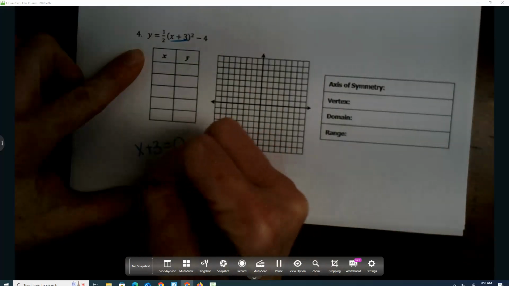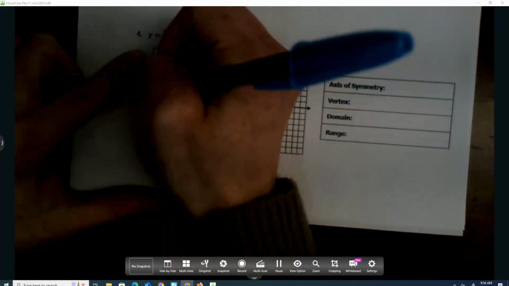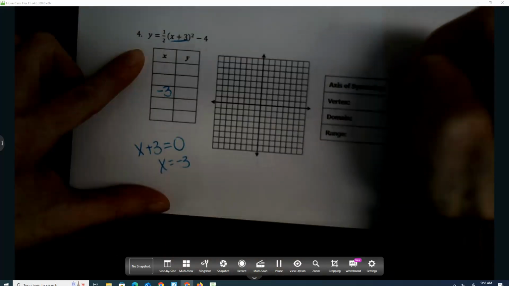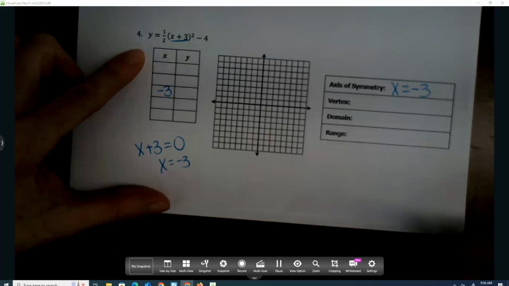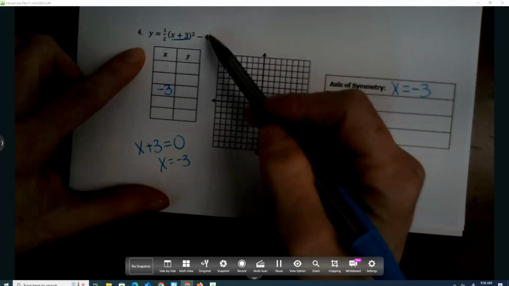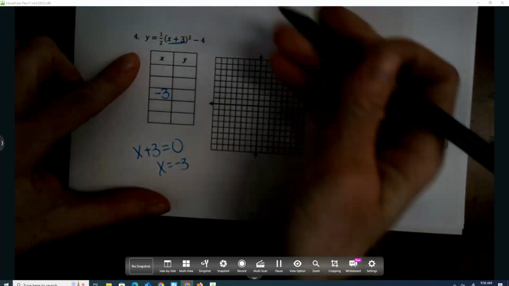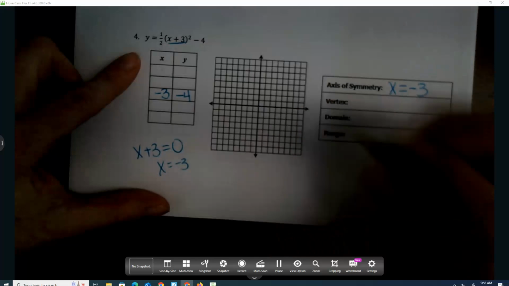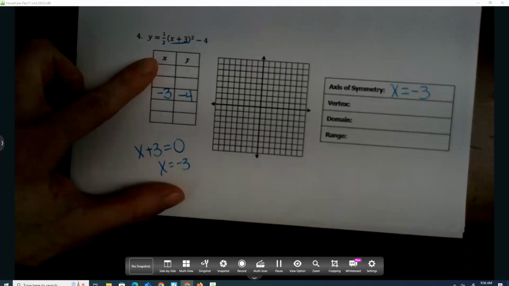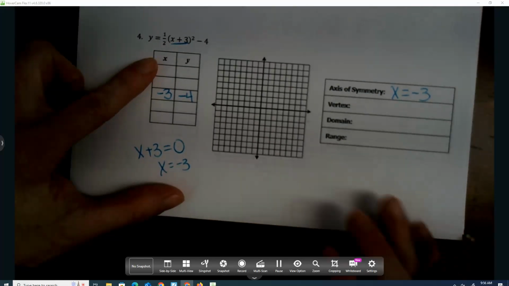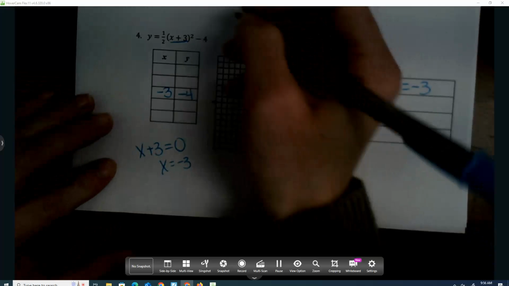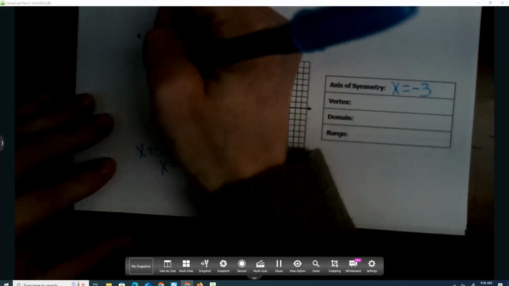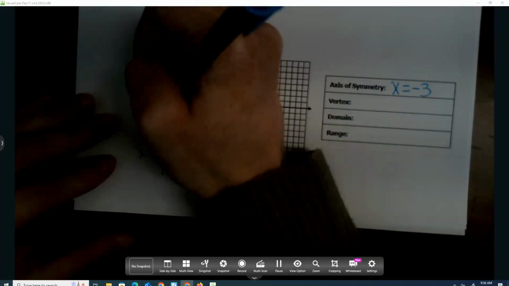So then you get x to be negative 3. That is the axis of symmetry, x equals negative 3. You can find your y either by looking at your graph, so it's going down 4, so it's a negative 4, or you can always just use your calculator and plug in your x. You'll get the same thing. Then you need things bigger and smaller.